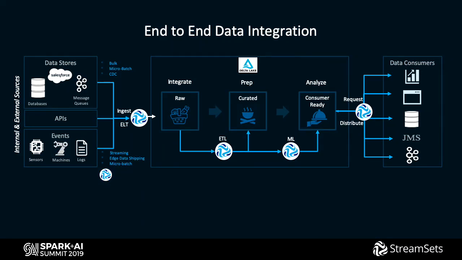Now, when it comes to the actual platform and what it constitutes of, there is the left side that you see. So you have multiple data sources. Data sources could be coming from traditional data files, databases.